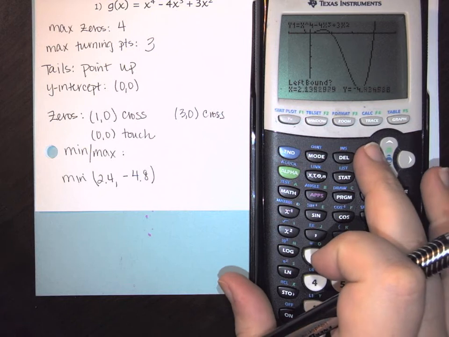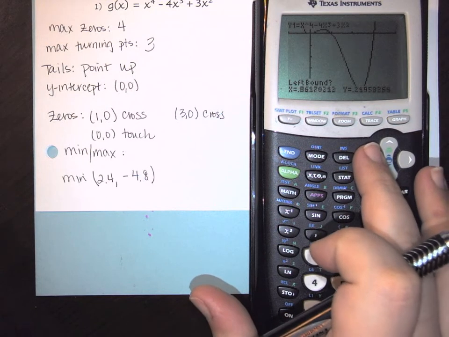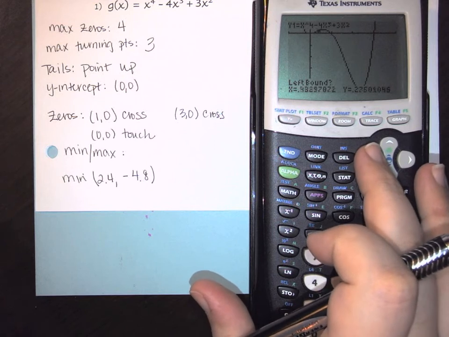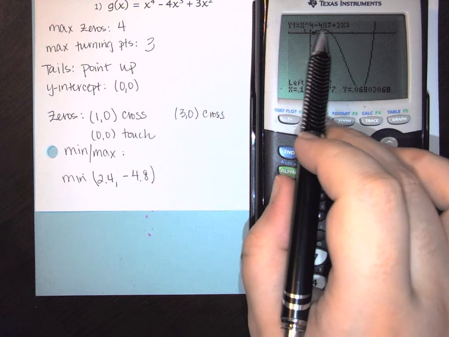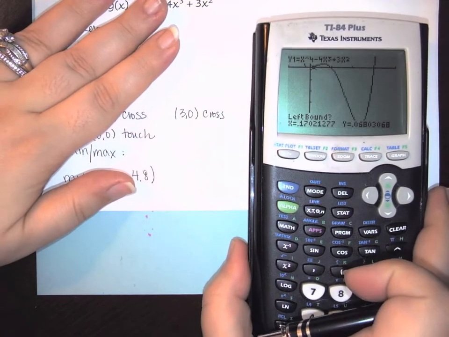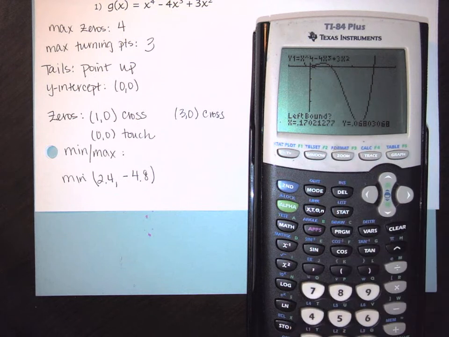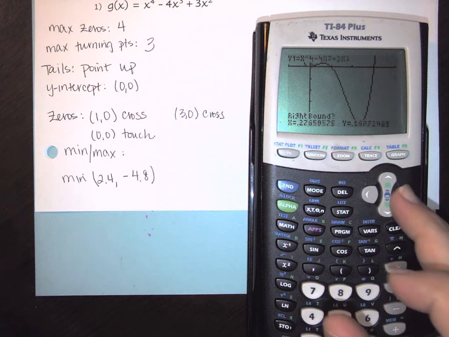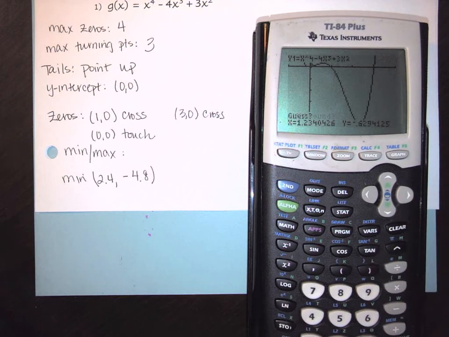So again, we're going to come all the way up. Sometimes it takes a while. Alright, we're going to make sure that we are definitely on the left-hand side of my, I guess you could call that your mountain or whatever, and hit enter. Then, just like before, we're going to come all the way around to the right-hand side and hit enter.